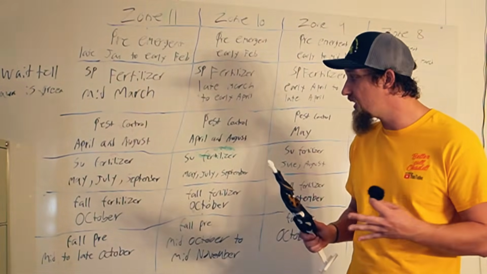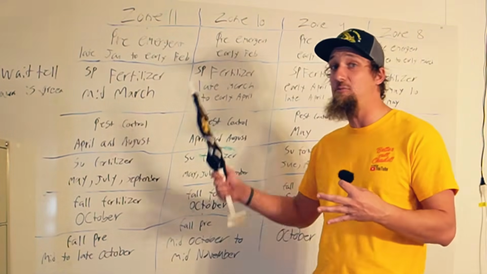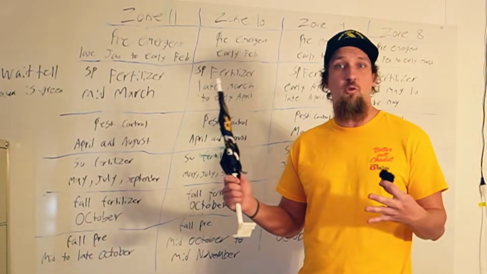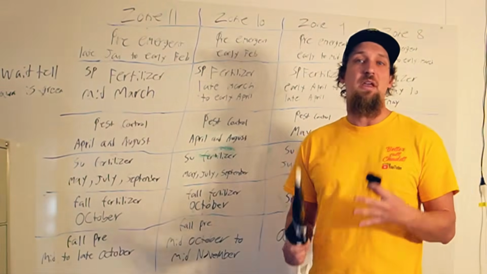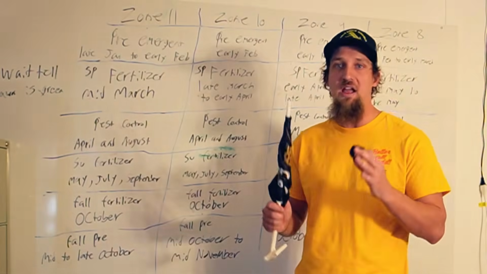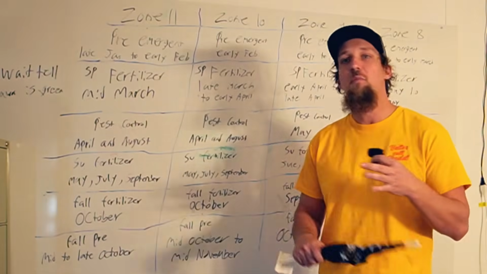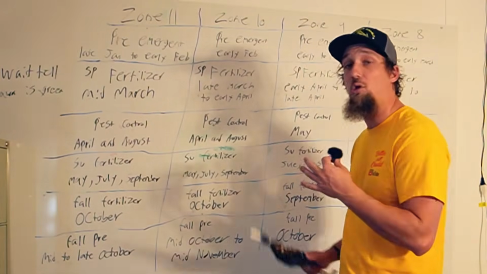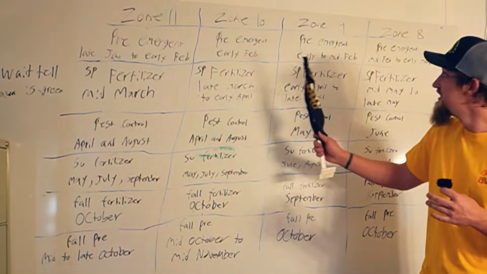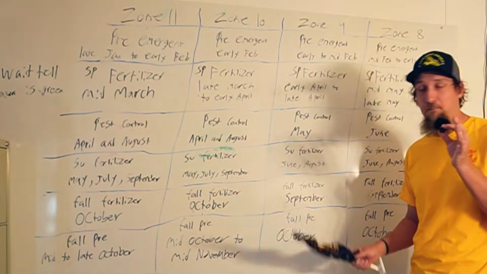But if you're in a sandy soil, you still want to make sure you are giving nitrogen, and a 15-0-15, the same you applied in summer, just at a lower rate, maybe 3/4 of the rate you applied in the spring, is going to be a good thing. Between the 7-0-20 and the 15-0-15, those are both great fall blends, depending on the growth of the grass. This is just a last little feed before we go into the cooler weather. So fall fertilizer for zone 11 is going to be October, zone 10 October, zone 9 September, and zone 8 September.